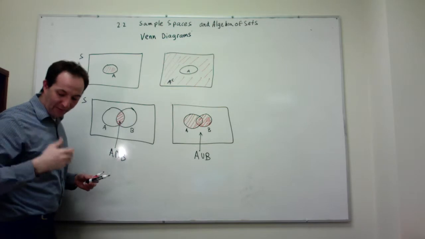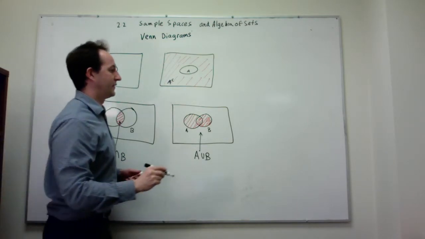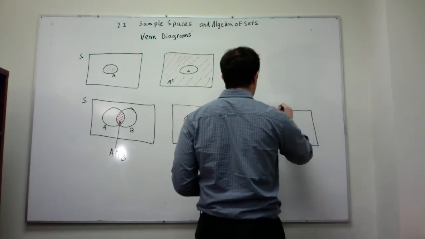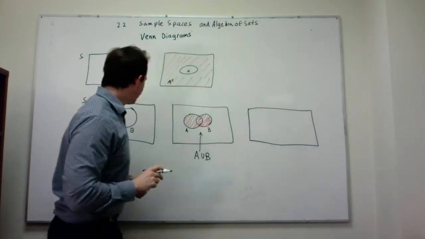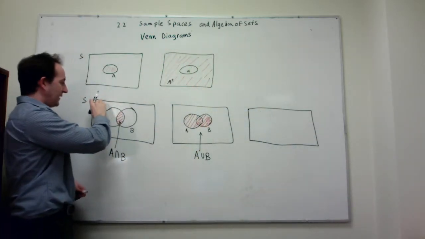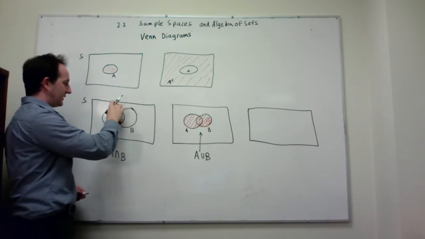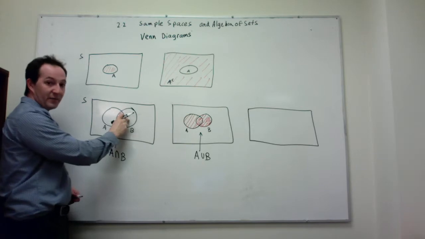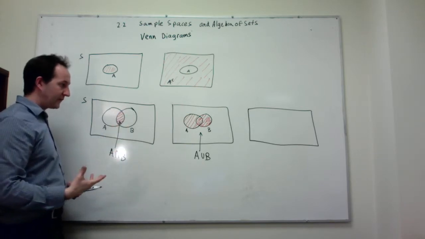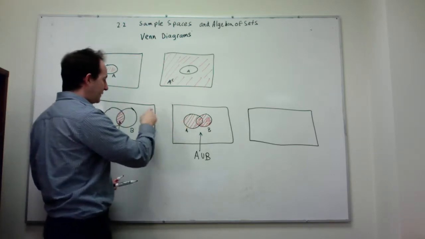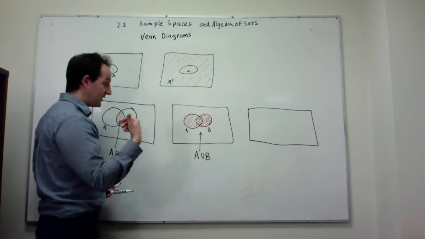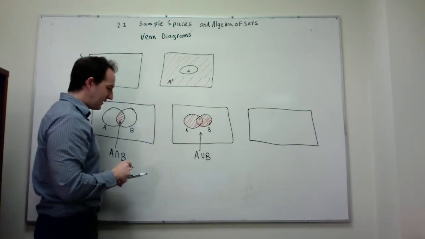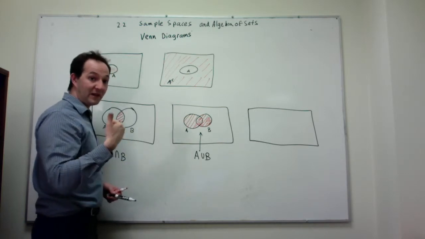So what's really helpful is to be able to go further than this. If I wanted to identify this space out here that is not in A and is not in B, how could we do it? Well, that space out there is a set of things that are not in A union B. So it is A union B complement.